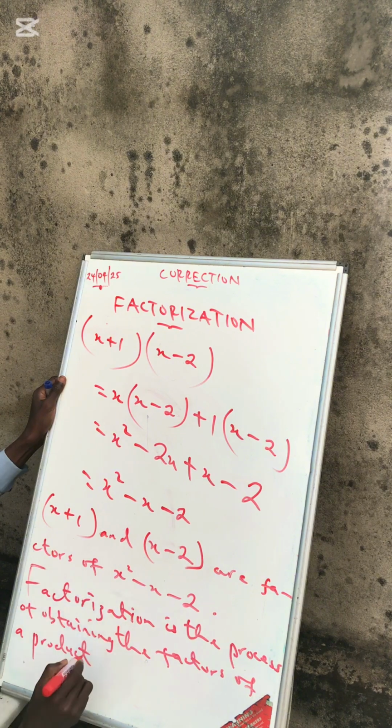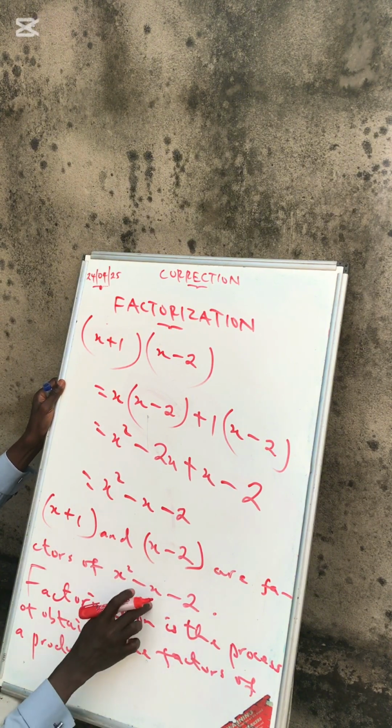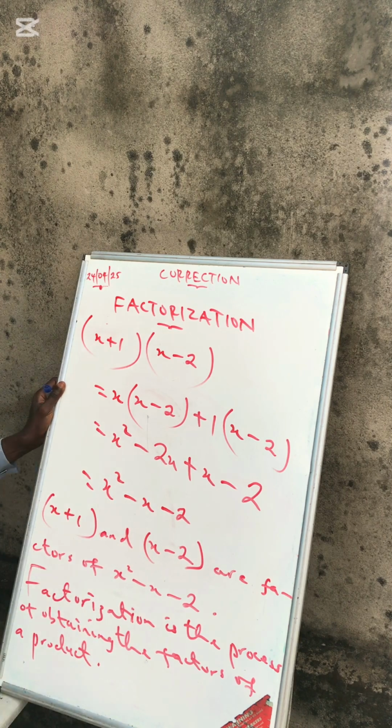So when you're trying to obtain the factors of a product, that thing you are splitting into factors is a product. Just as 12, the factors of 12 are 3 and 4. 12 is a product and 3 and 4 are the factors.